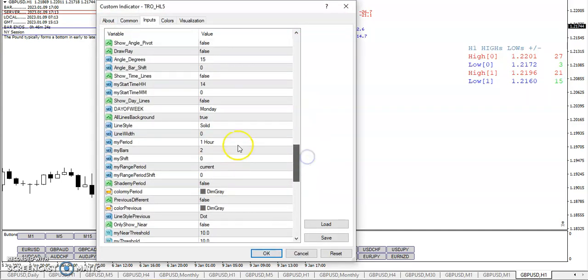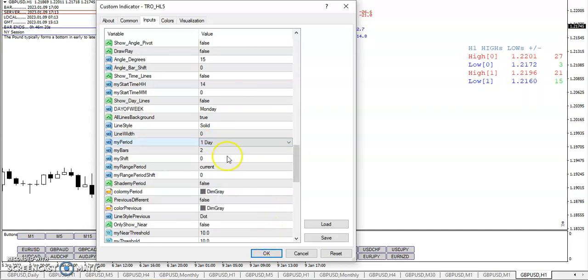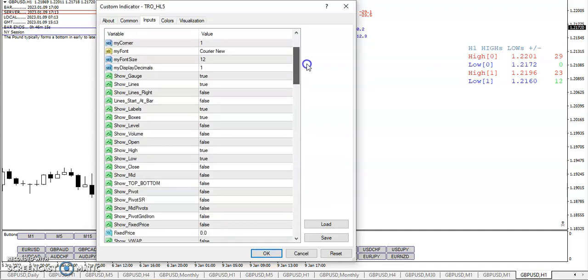So let's just go back here. Normally, I usually have this set to the day, 2 bars.